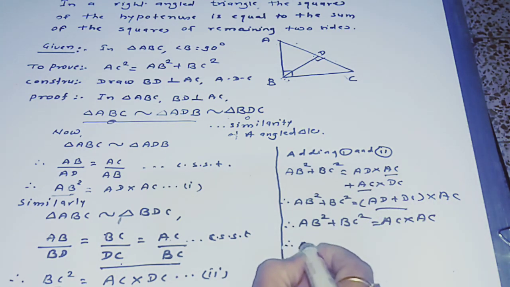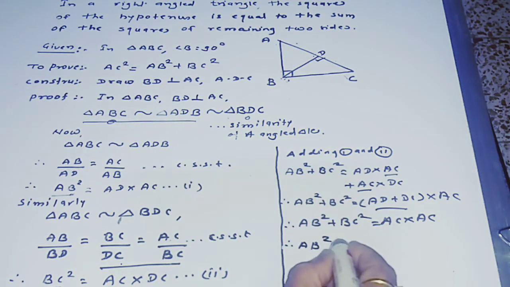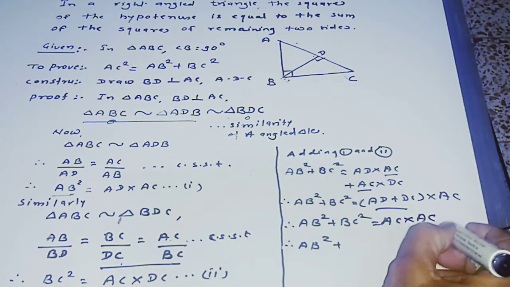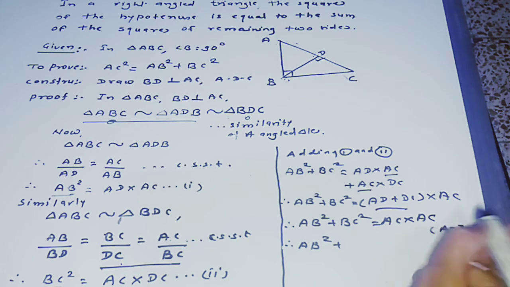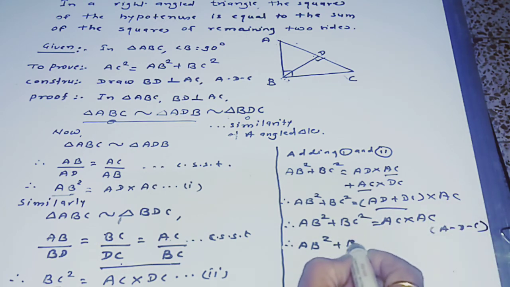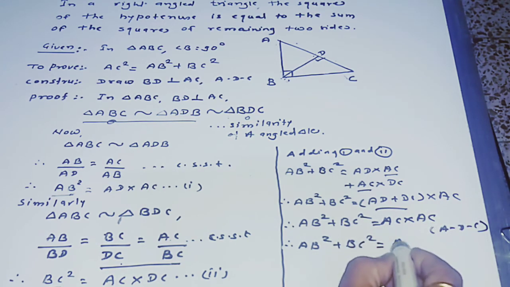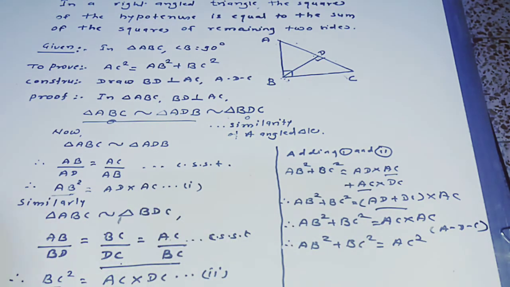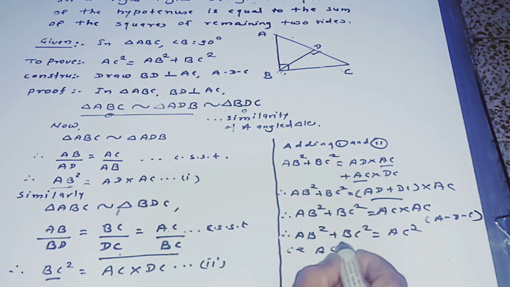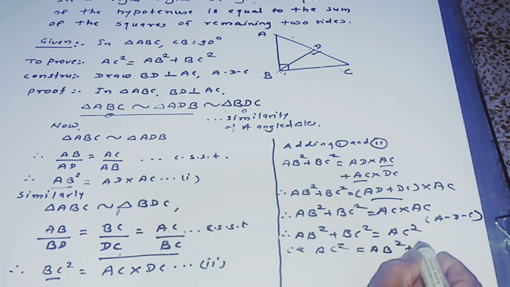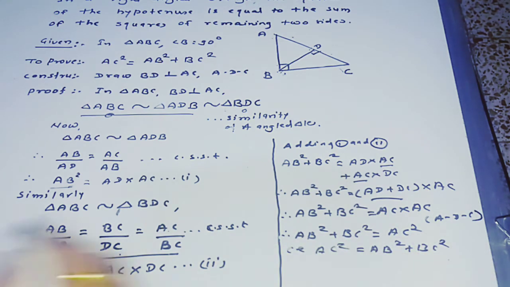Therefore AB square plus BC square is equal to AC square. Hence AC square is equal to AB square plus BC square. Hence proved.